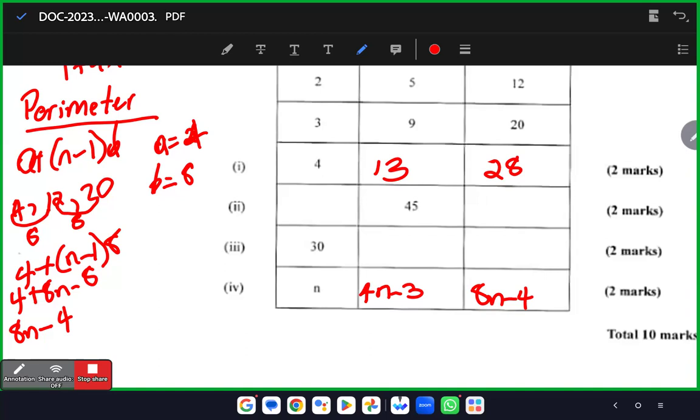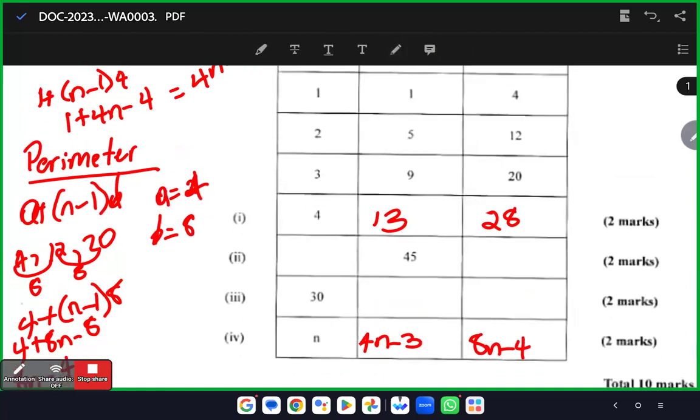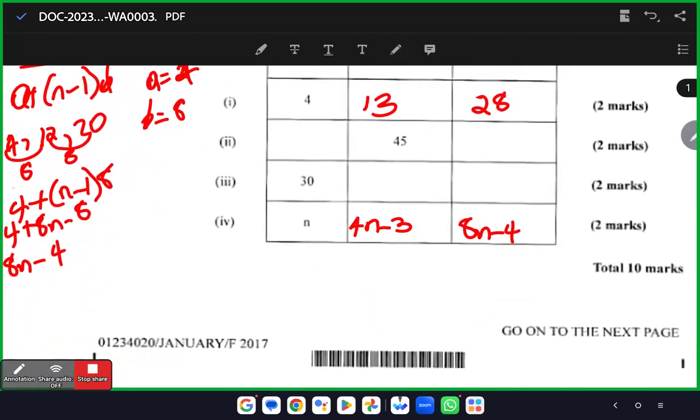The order in which you do the questions doesn't matter for CXC, once you have done it correctly. So for part 3, we'll be using the formula that we have generated. Let's go.